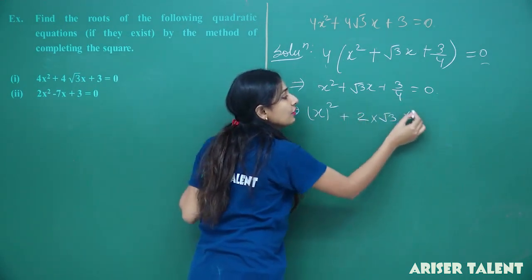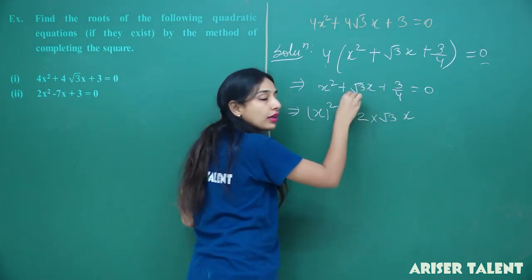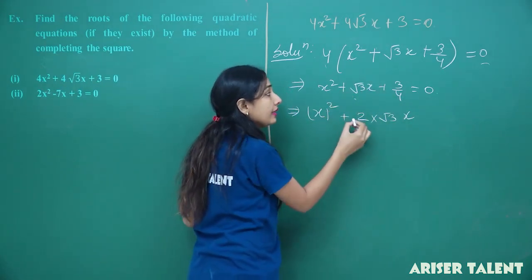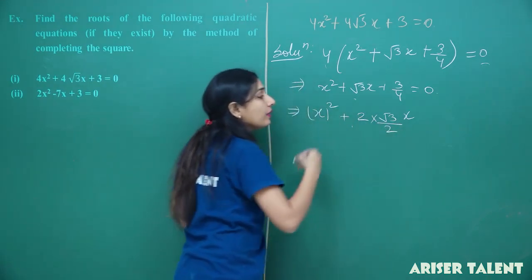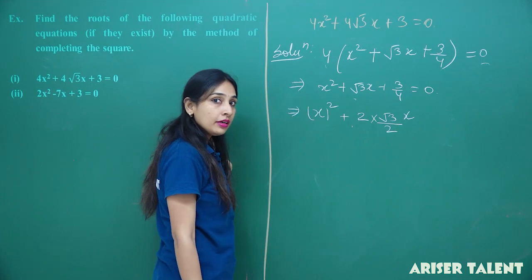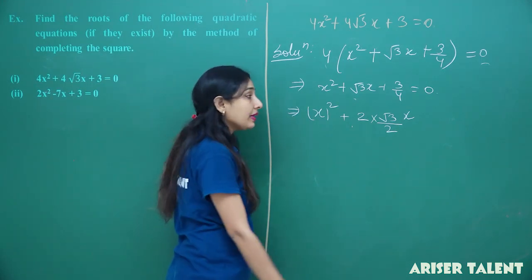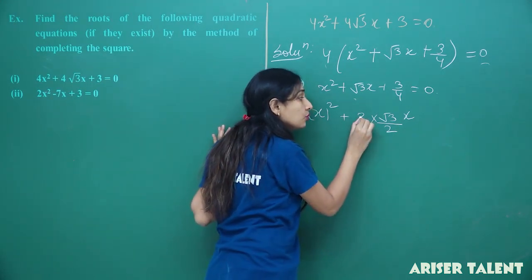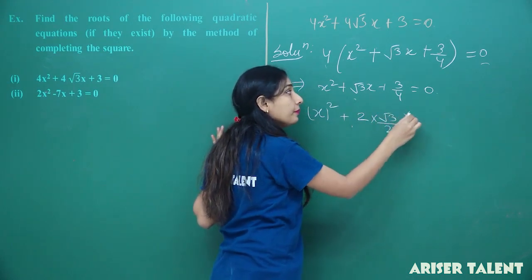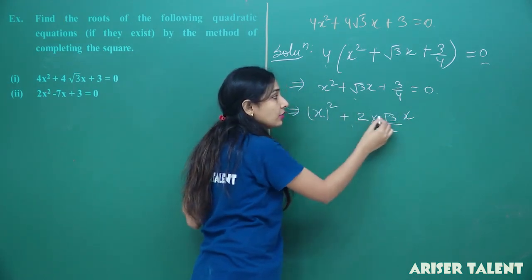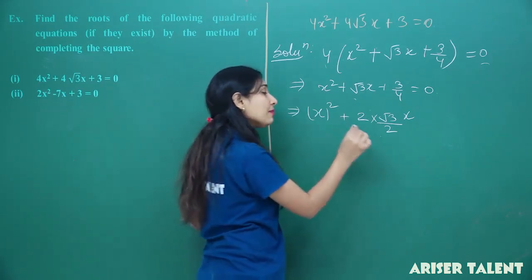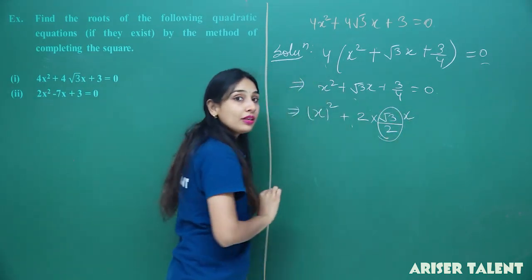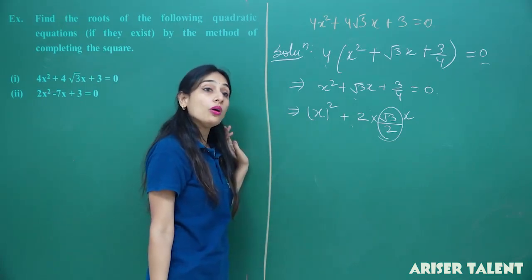Now this value does not represent this value. What is the difference? Here we have an extra 2. So can I just divide it by 2? Divided. Now what will it become? It became 2ab. 2 and 2 cancel, so root 3 x, right? So we haven't changed the equation, but we somehow created our b for the formula (a plus b) whole square.